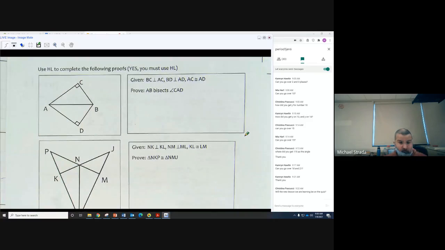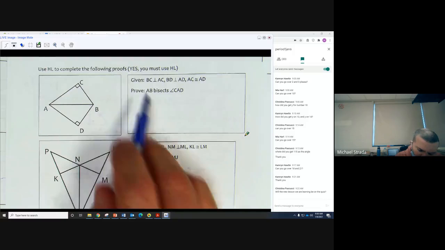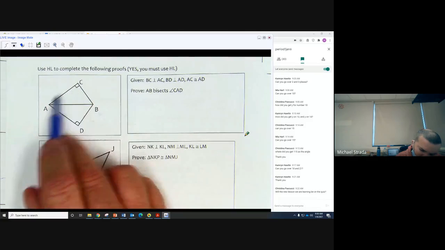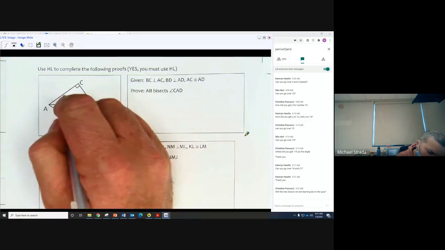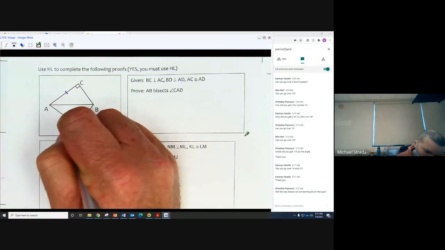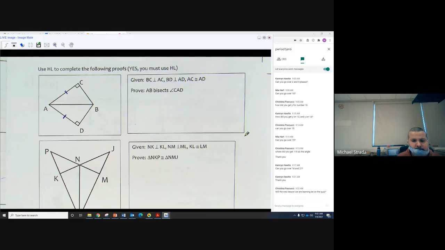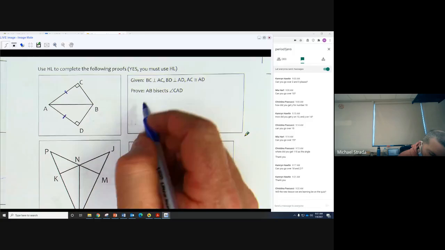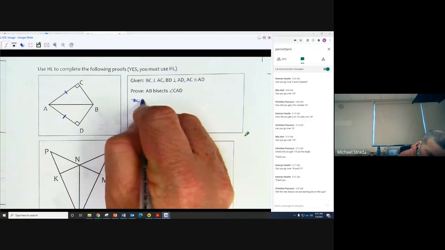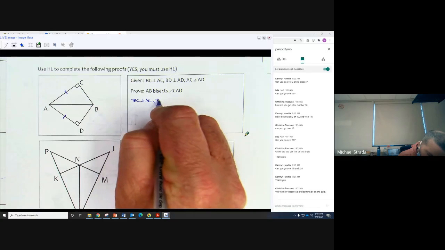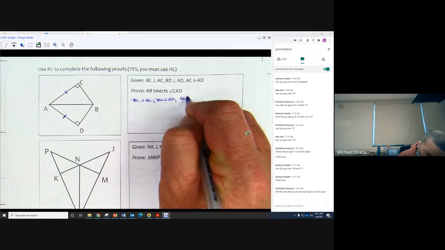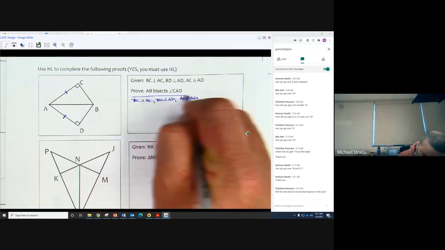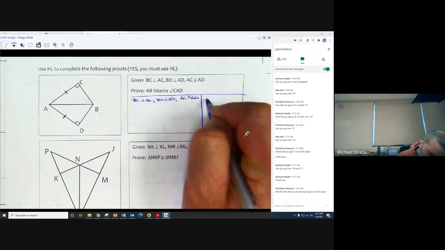Looking at the next one, we'll just set that up. BC is perpendicular to AC. BD is perpendicular to AD. AC is congruent to AD. All because it is given to you.